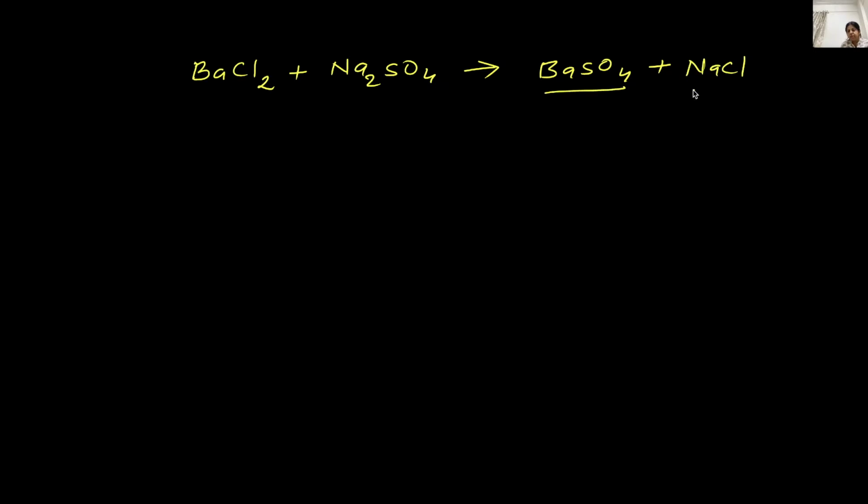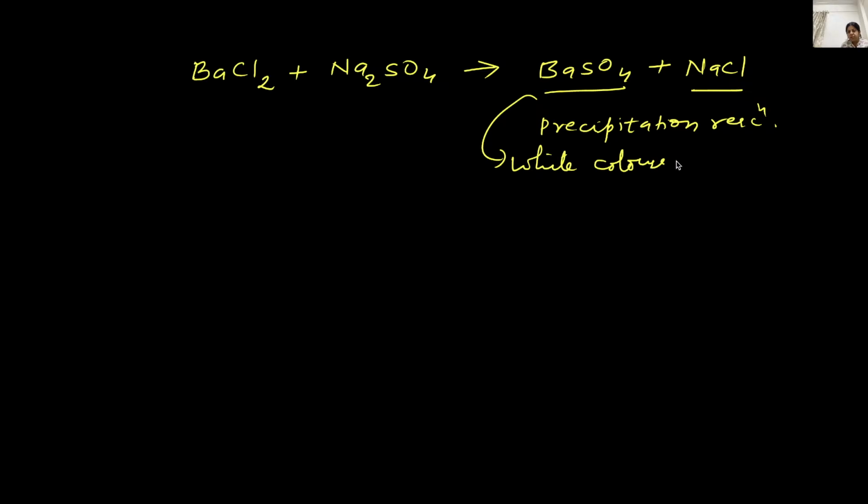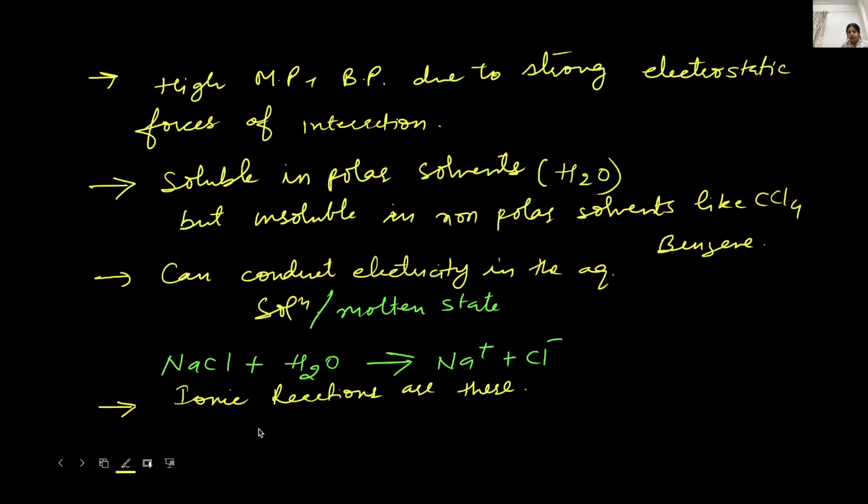The reaction here is called a precipitation reaction. When you add barium chloride to sodium sulfate, there will be white colored precipitates formed in the reaction mixture, which represent the formation of barium sulfate. So ionic compounds basically show ionic reactions in the mixture.